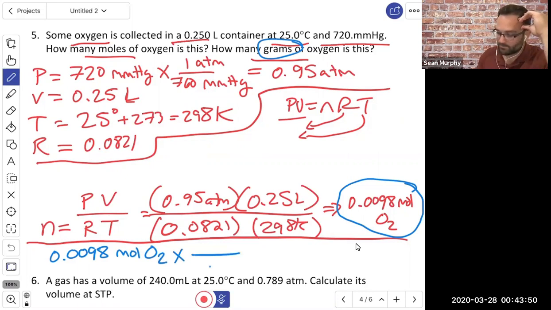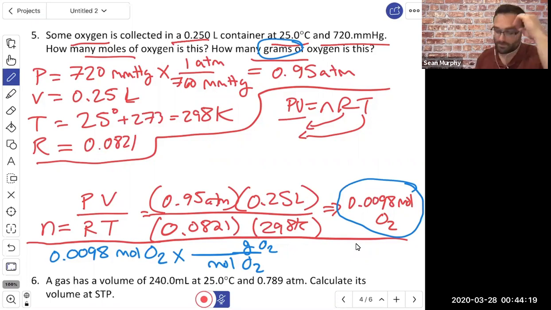So for every mole of O2, how much does that weigh in grams of O2? The reason why there's a 2 there is because it's one of the Super 7, a diatomic molecule, have no fear of ice cold.